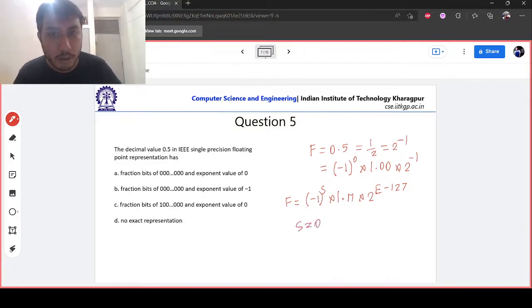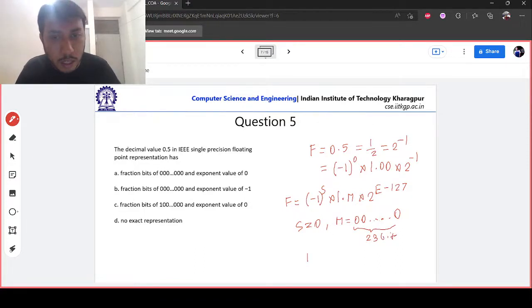The value of s is 0. What is the value of m? The m value is 0. So if we write it in the equation, it will be a series of zeros, all 23 bits of zeros.